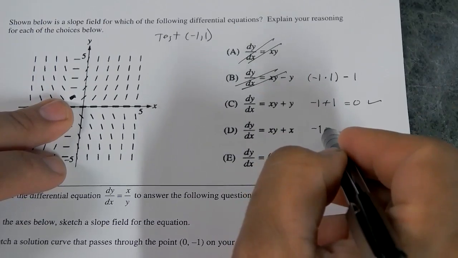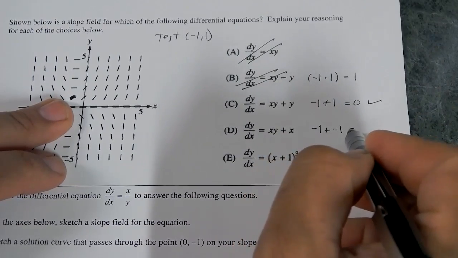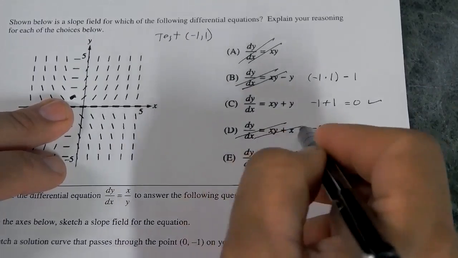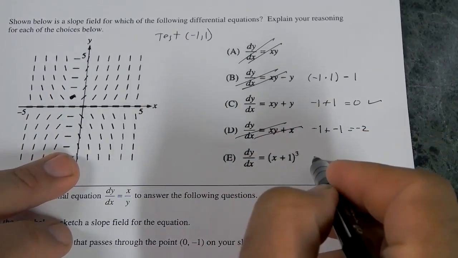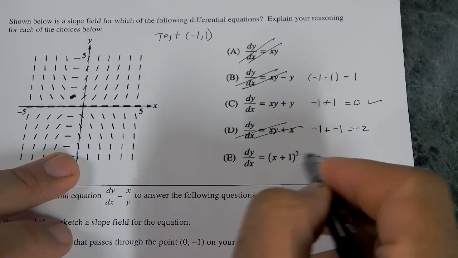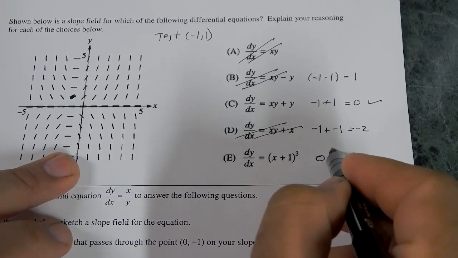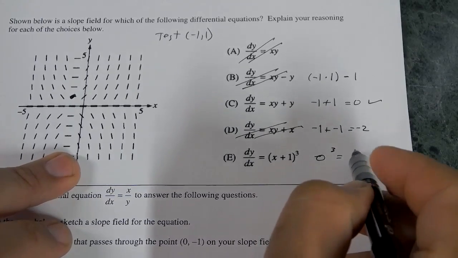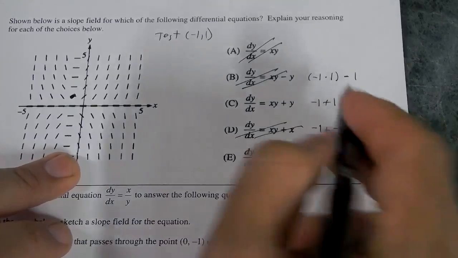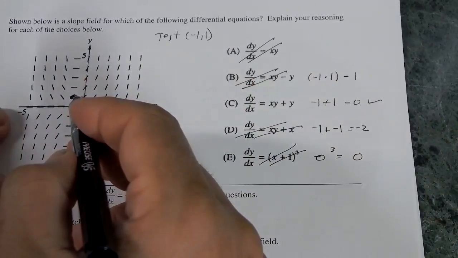Negative 1 plus negative 1, no. Negative 1 plus 1, which is 0 to the third, which is still 0. Nope. So the only one that works is that.